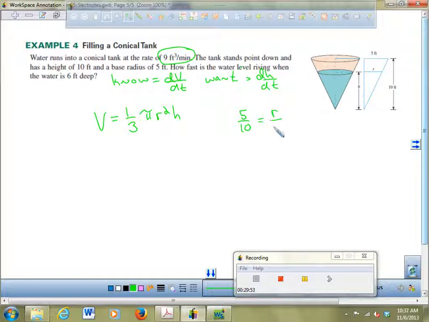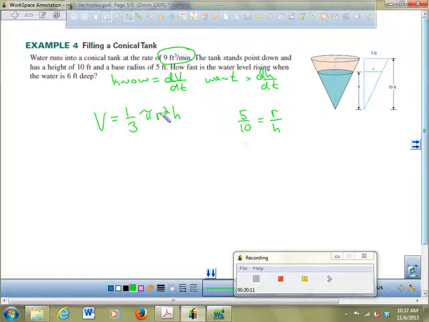So now what I could do, my little trick here, is to solve for r or h. Wait, what are they asking? You want dH/dt, right? So I want to solve for r and plug in something in terms of h for r.